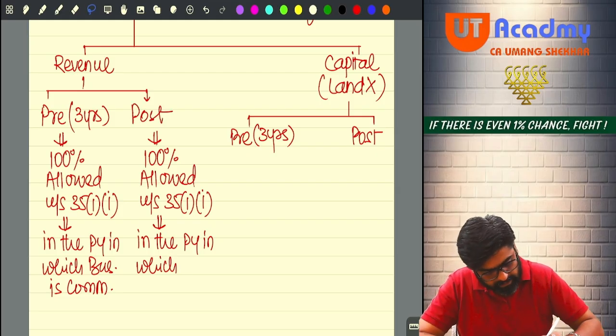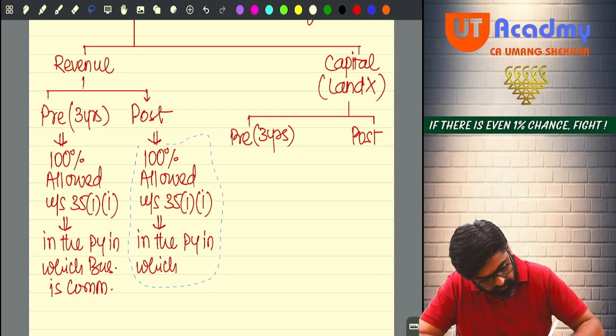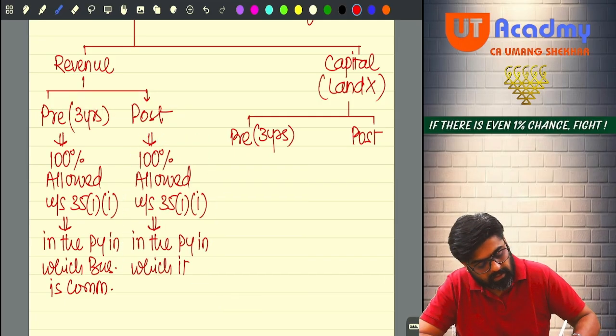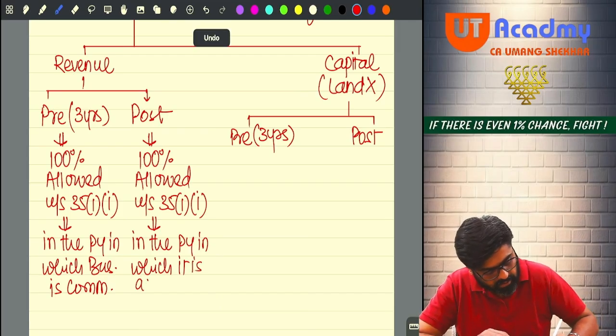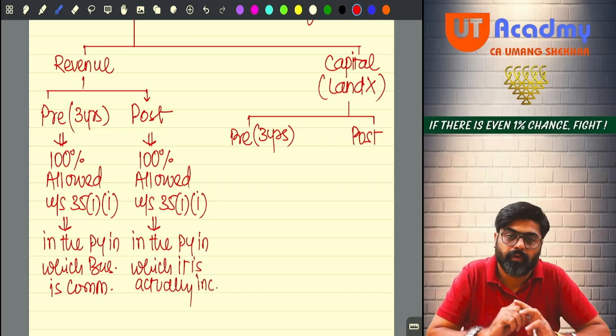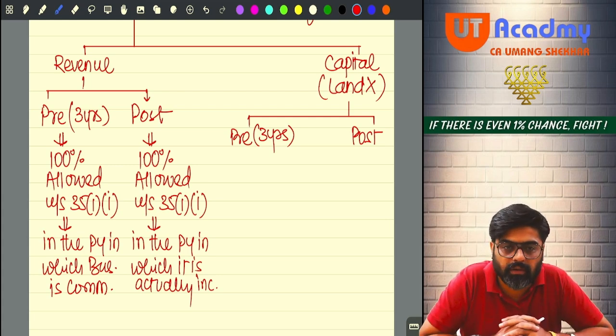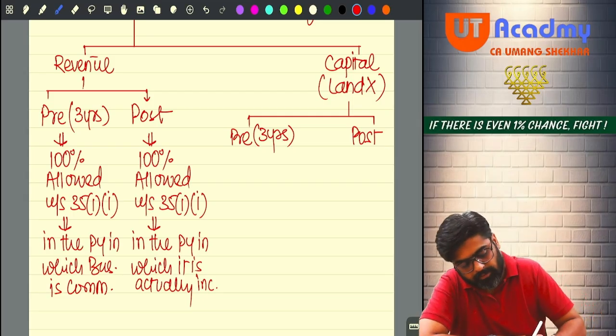Post commencement can also be fully allowed, but it will be allowed in the previous year in which it is actually incurred. So the year in which you are incurring that expenditure, in that year it will be allowed as a deduction.